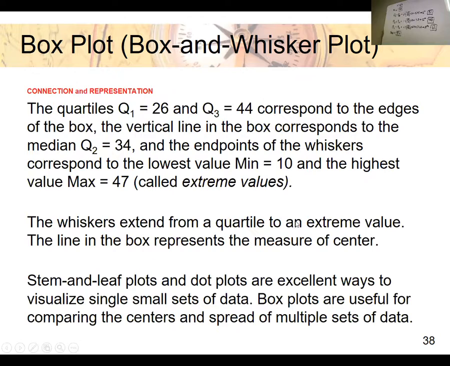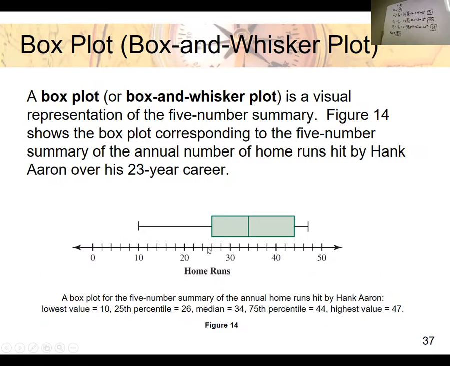And this line right here represents Q3, or the 75th percentile. This line right here at the tail end, that's the highest value. And it's separated by what they call whiskers. This whisker separates the minimum value from the first quartile, and this whisker on the end separates the maximum value from the third quartile. So that's what a box and whisker plot looks like.